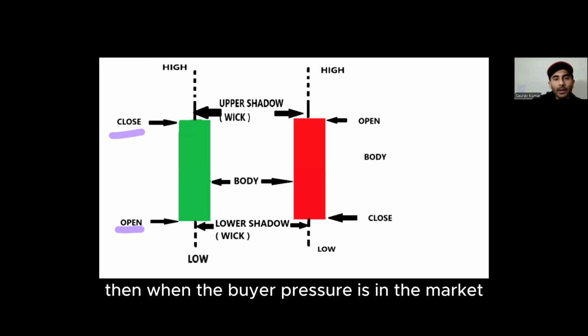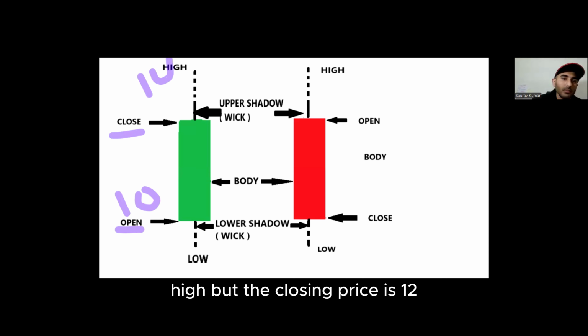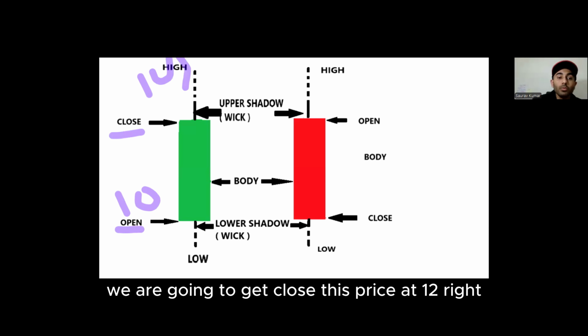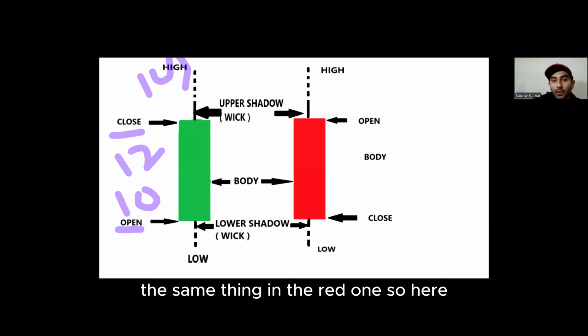For example, it opens at 10 and goes up to a high of 14, but the closing price is 12. So we close at 12. The same applies to the red candle.